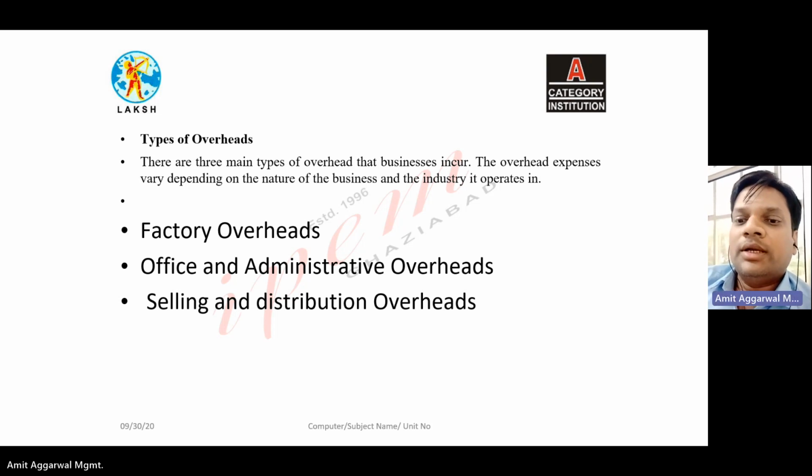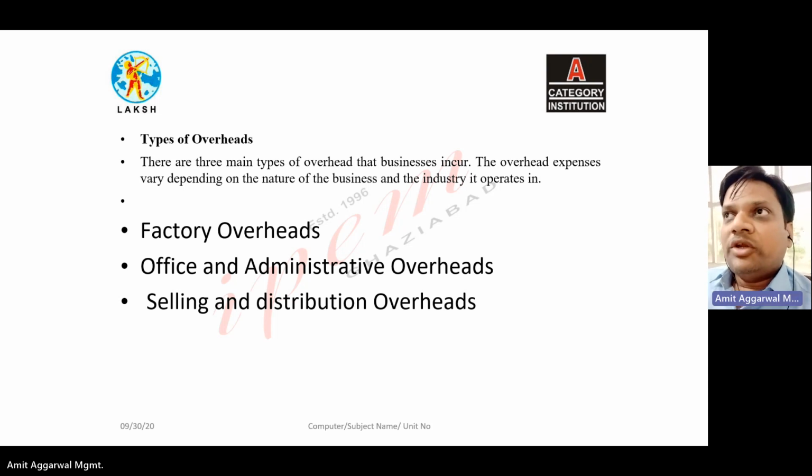So up to this level, we have become clear about the different costs as elements of cost: material cost, then labor cost, and some other expenses. In this lecture, the students watching this video will be clear about direct and indirect cost especially, and will know about the elements of cost, which will help them know about material cost, labor cost, and other expenses.